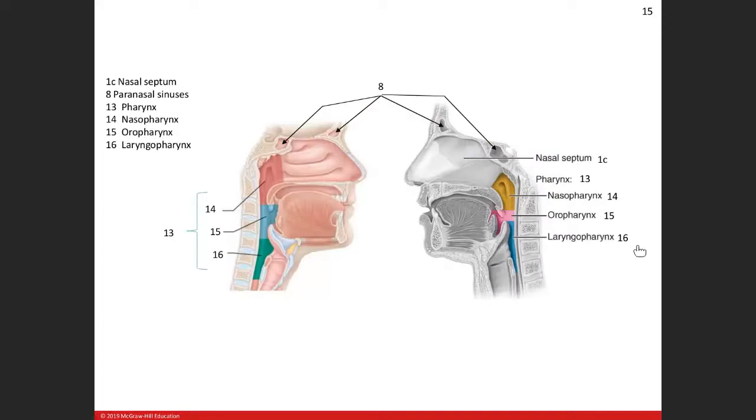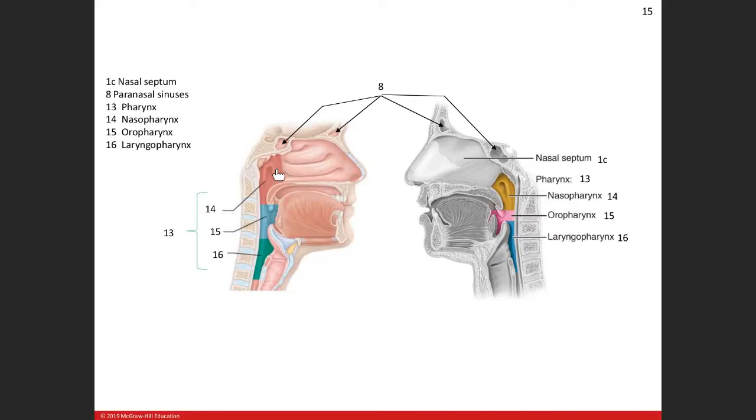And here you can see the breakdown for the pharynx. Number 13 is showing you the whole pharynx, which is made up of all these highlighted or colored areas here, and then we break them down into their specific sections.